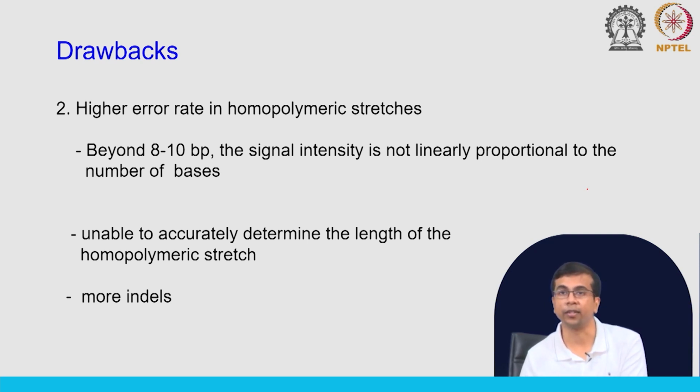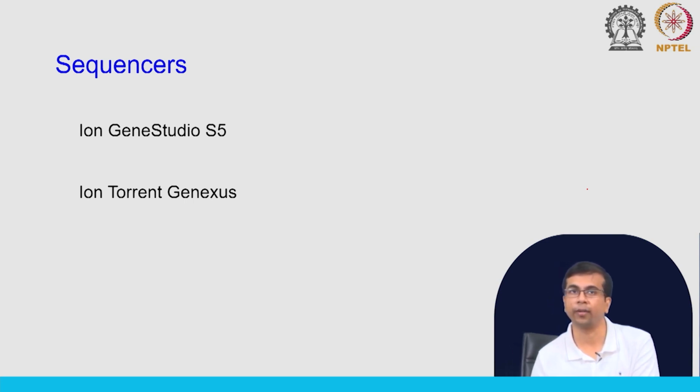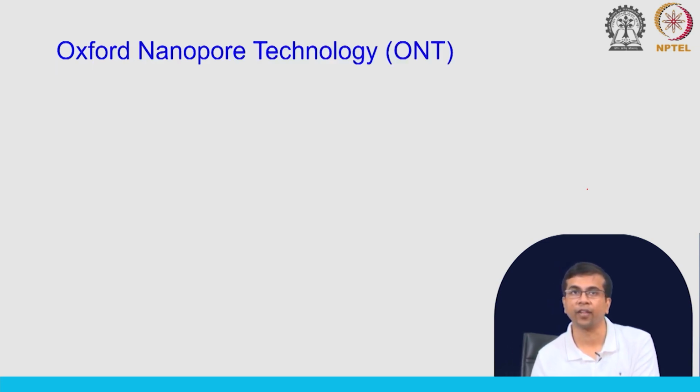The signal detection is different: in 454 we detect light, here we are detecting the change in H plus ion, but we are using unmodified dNTPs and we are allowing addition of multiple bases at a time. These are some of the sequencer names that are available, and they vary based on their throughput, but the principle is the same. So, you have Ion GeneStudio S5 or Ion Torrent Gene Access.